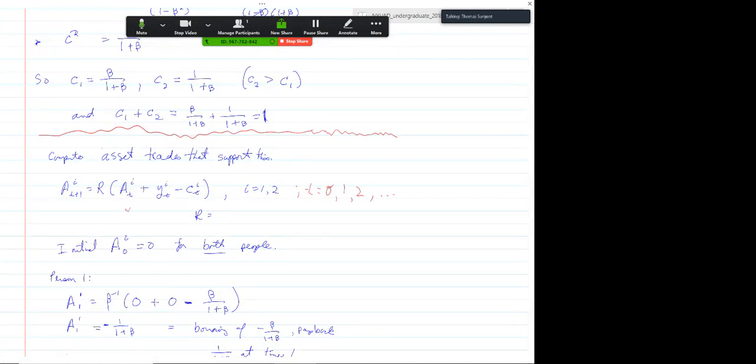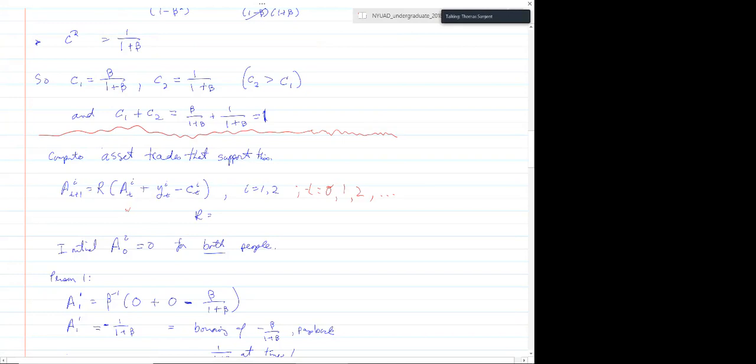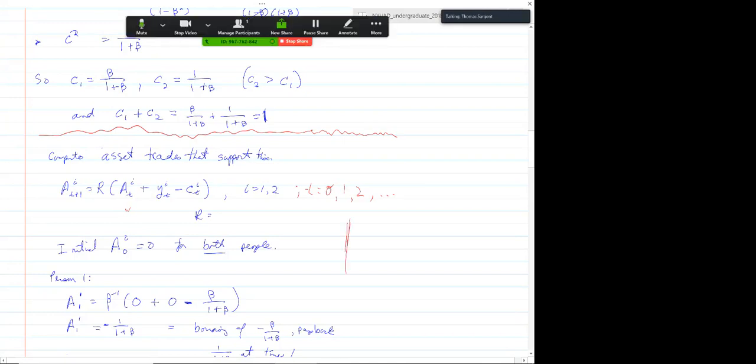So now, this is going to be a big guess and verify. We already know that c_1 is equal to beta over 1 plus beta for all t. And we know that c_2 equals 1 over 1 plus beta for all t.